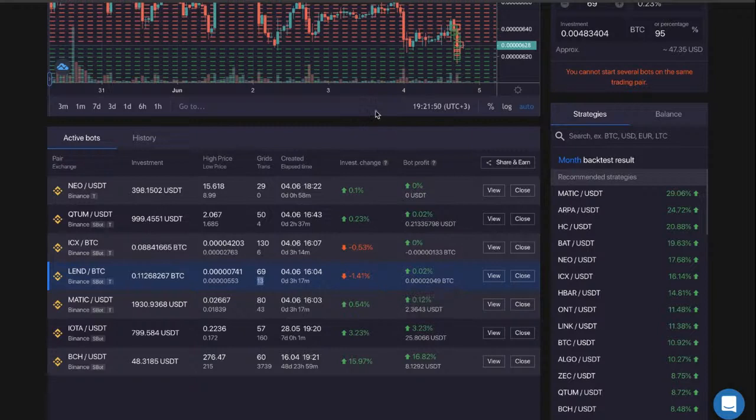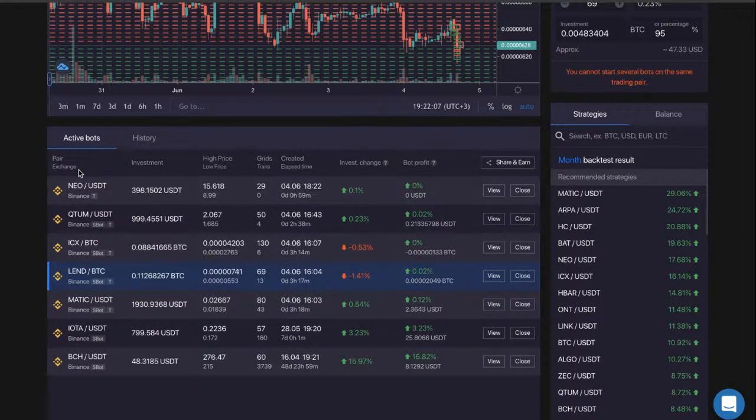What may confuse you here is what stands for the investment change and the bot profit, but don't worry, we will come back to this in 10 minutes. I have a perfect example for you to explain what this is all about, so just stay with me.